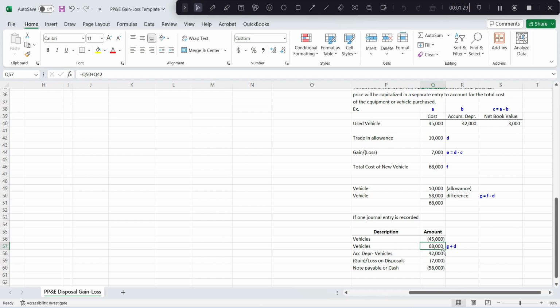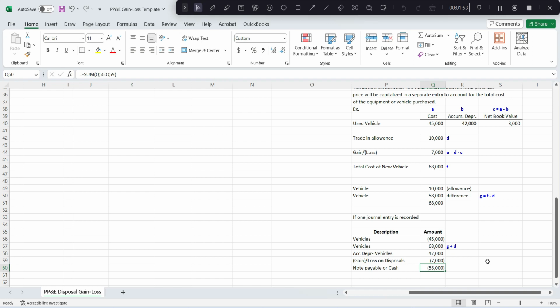So $68,000 debit to vehicles. You debit accumulated depreciation of the old vehicle. You credit gain and loss, which gives you the correct gain and loss, as you can see here. And then the rest, you either credit notes payable or cash, and that's just going to be the amount financed going forward.